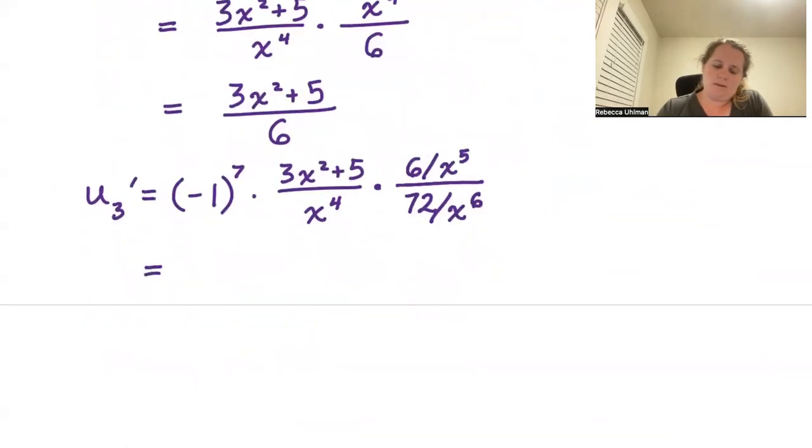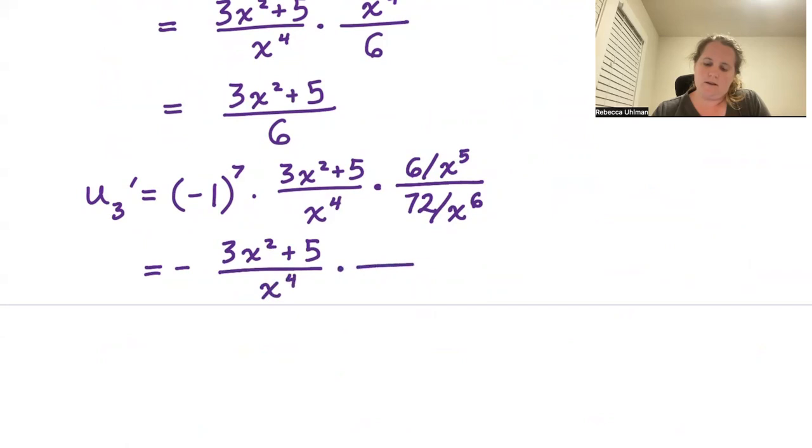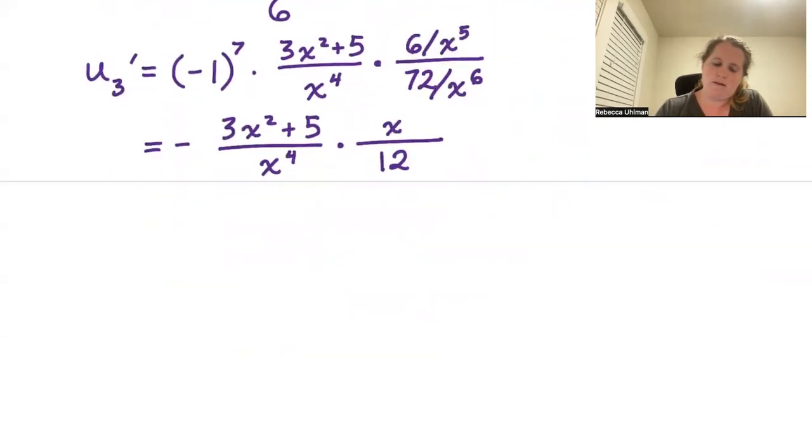This becomes negative 3x squared plus 5 over x to the 4th times 6 over 72, which would be 1 over 12, and we'd be left with x over top divided by 12. And we get negative 3x squared plus 5 divided by 12x cubed.